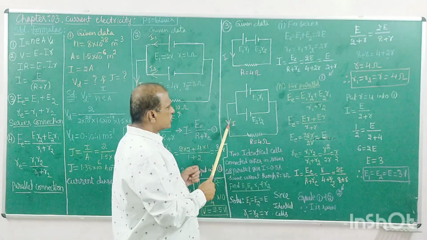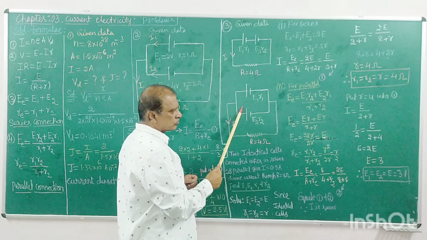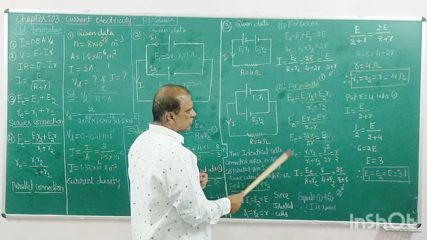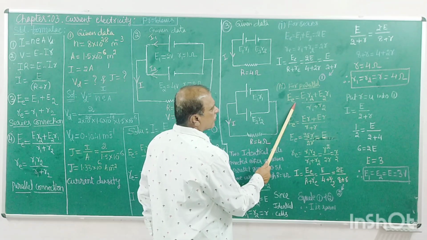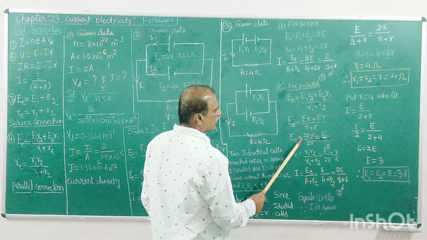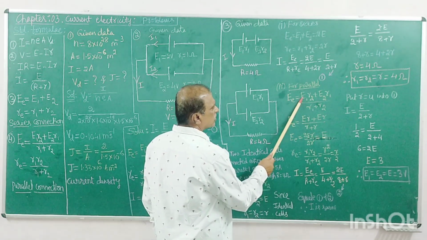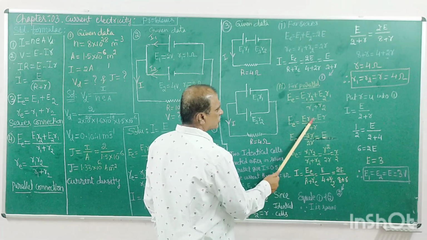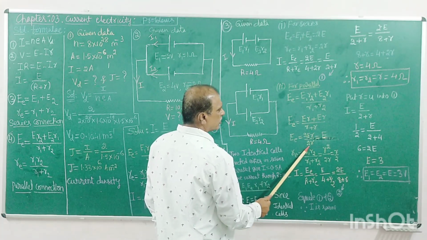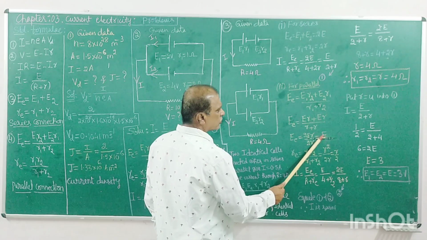Similarly, calculate I for this one. This is parallel. For parallel connections, write the effective E and effective r equations. These give 2Er divided by 2r, which is E only, as 2r cancels.